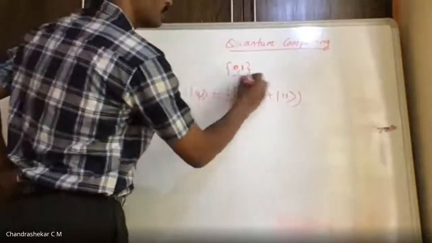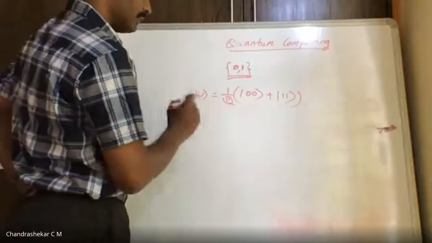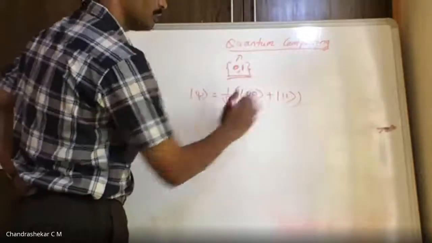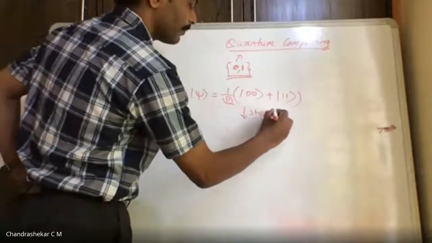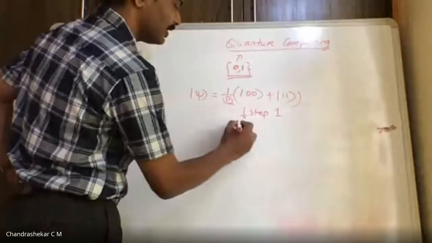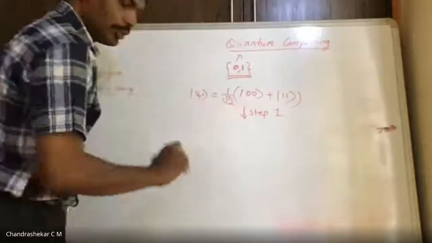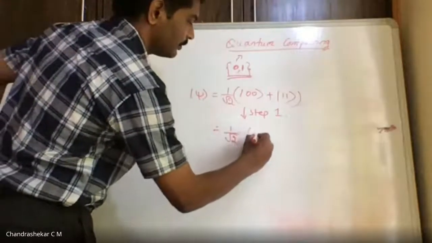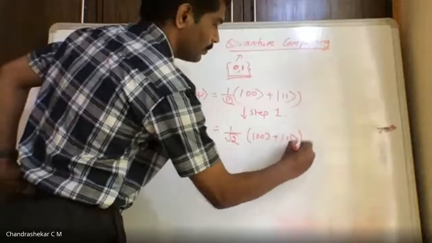She wants to send 0 and 1. Step 1 says that if A is 0, you do nothing, so you have the same thing as output: 1 by root 2, 0 0 plus 1 1.